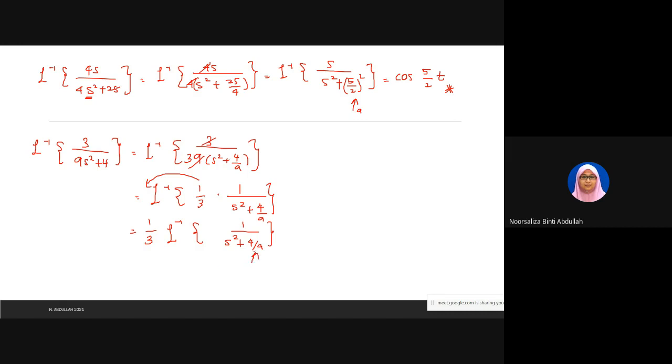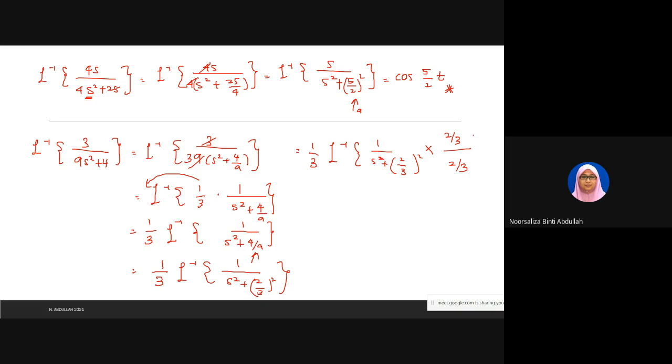Okay, so tengok A kita, what is our A is 1 over 3, inverse 1 over s square plus 2 over 3 square. So your A is 2 over 3, then 1 over 3, inverse, 1 over s square plus 2 over 3 square times 2 over 3 times 2 over 3.